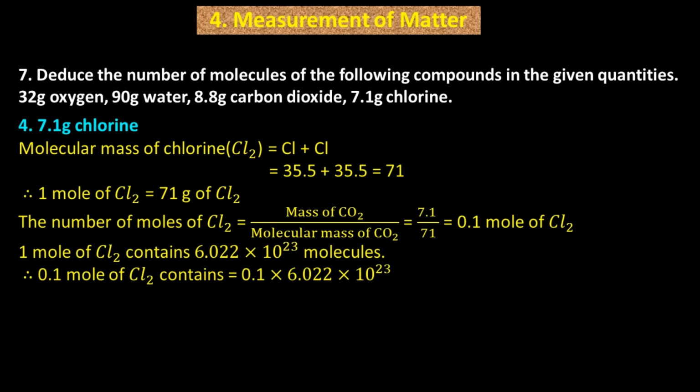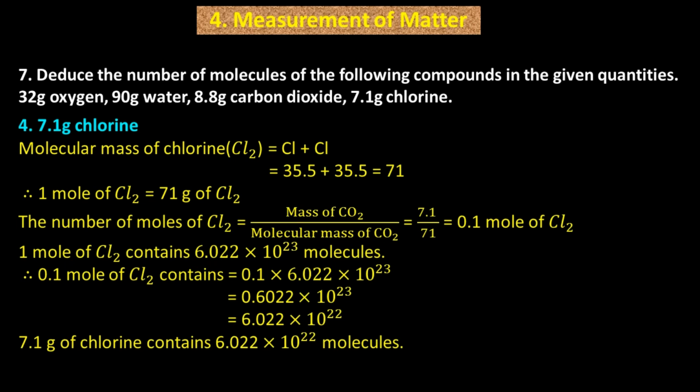Therefore, 0.1 mole of Cl2 contains 0.1 multiplied by 6.022 multiplied by 10 raised to 23, is equal to 0.6022 multiplied by 10 raised to 23, is equal to 6.022 multiplied by 10 raised to 22. Therefore, 7.1 gram of chlorine contains 6.022 multiplied by 10 raised to 22 molecules.